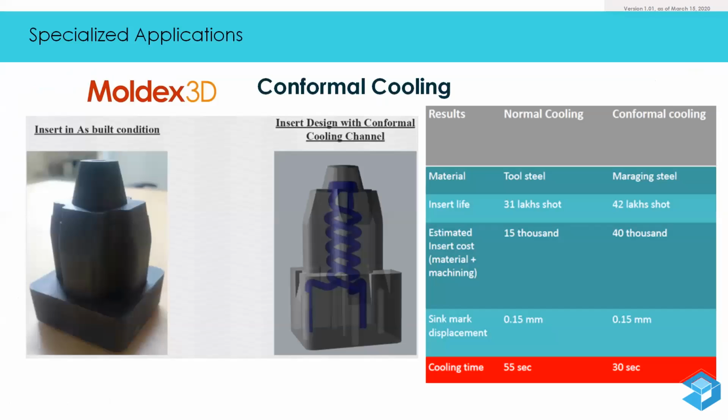Talking about certain specialized applications, in the previous webinar, I'd shown you some exciting applications. Here I'd move into more specialized applications. Like over here, you can see this insert component that is being made. When you see it from here, you'd see this as a simple block.